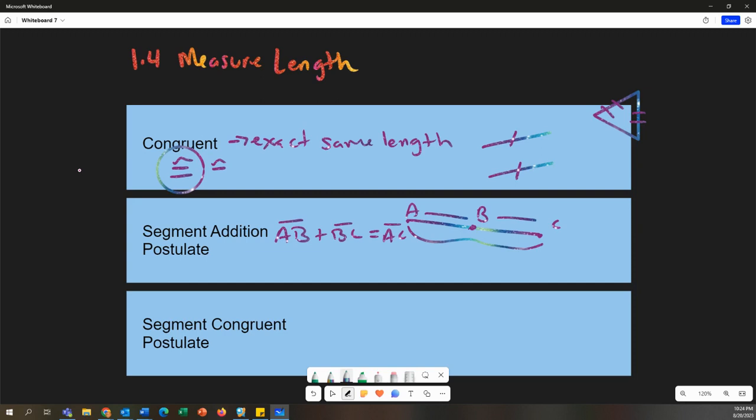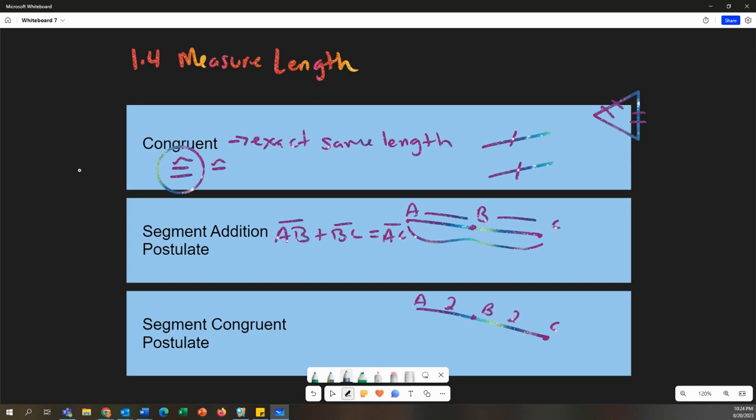Segment congruent postulate means the two small pieces are equal. So if we have this segment and it's A, B, C, let's think about this. If I say this AB is 2, what's BC? It's also 2.